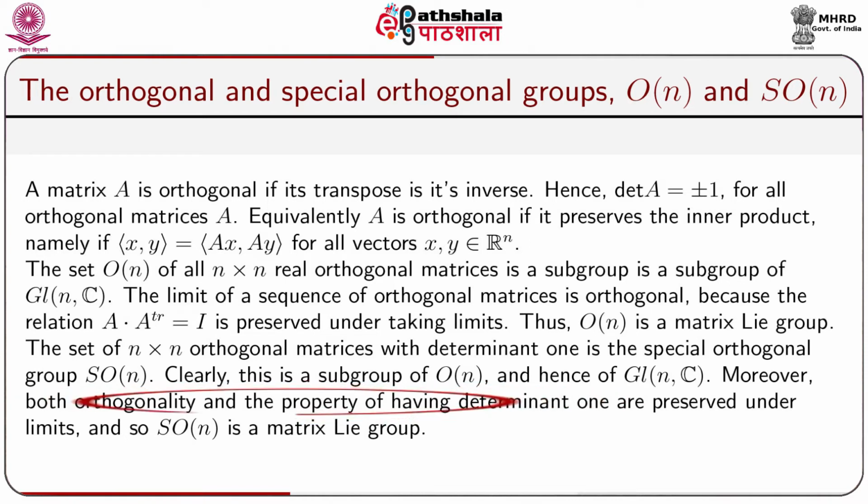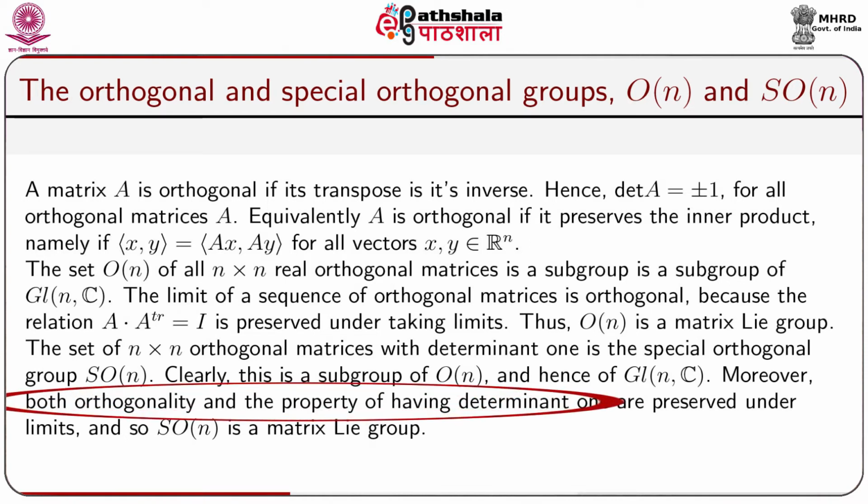Moreover, both orthogonality and the property of having determinant 1 are preserved under limits. So, again SO(n) is a closed subgroup of GL(n, C), and hence SO(n) is a matrix Lie group. Since elements of O(n) already have determinant plus or minus 1, SO(n) is considered as half of O(n).